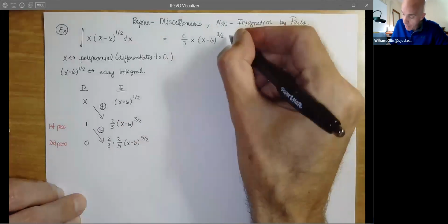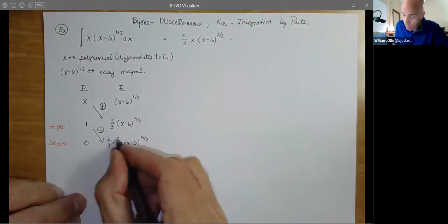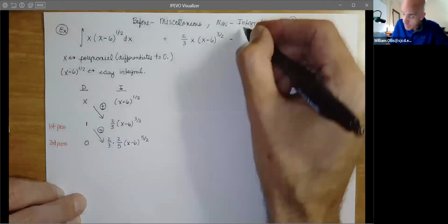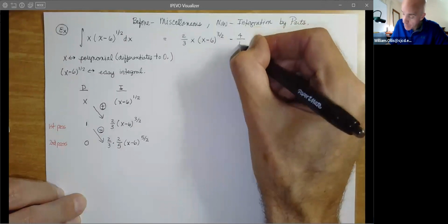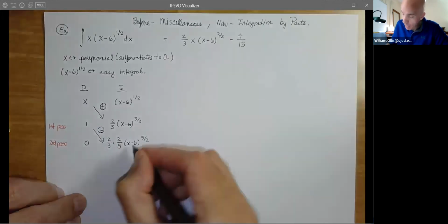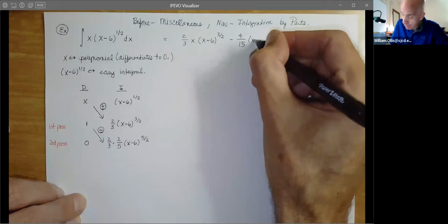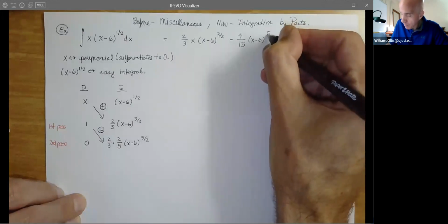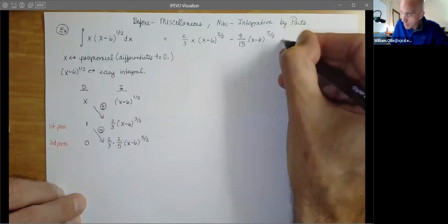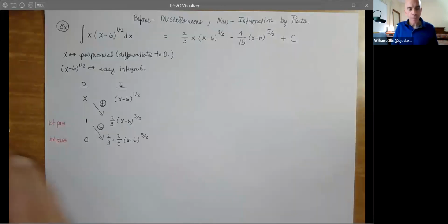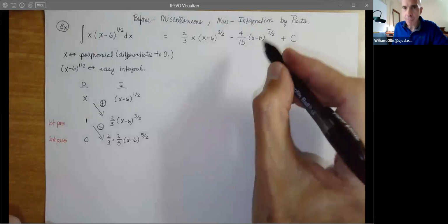So this gives us minus 4 over 15 times (x - 6)^(5/2) plus a constant.